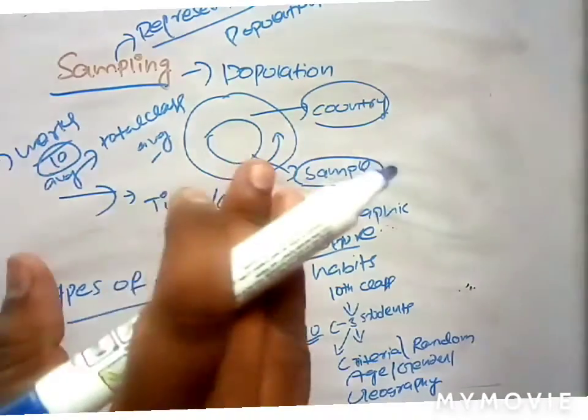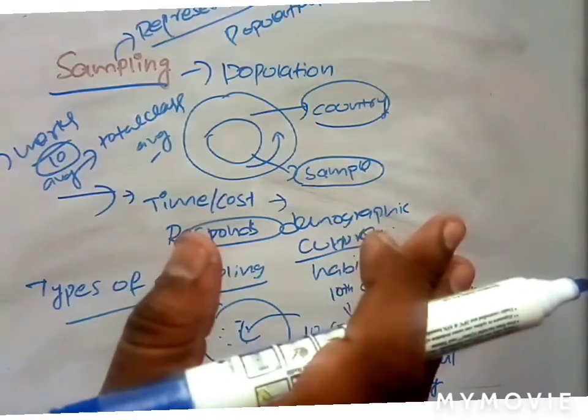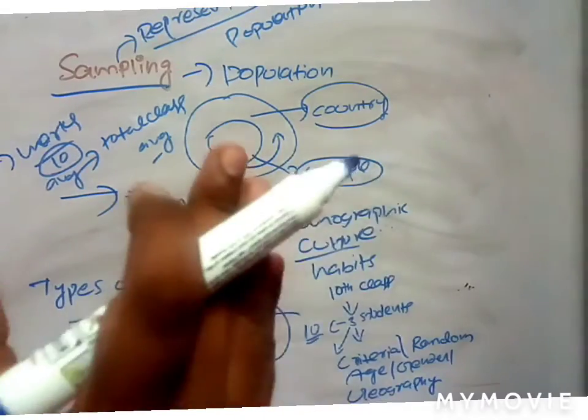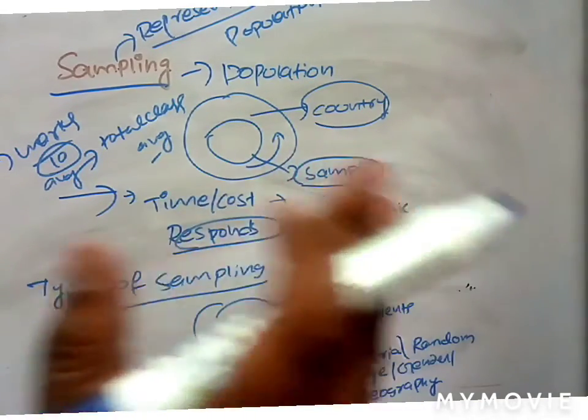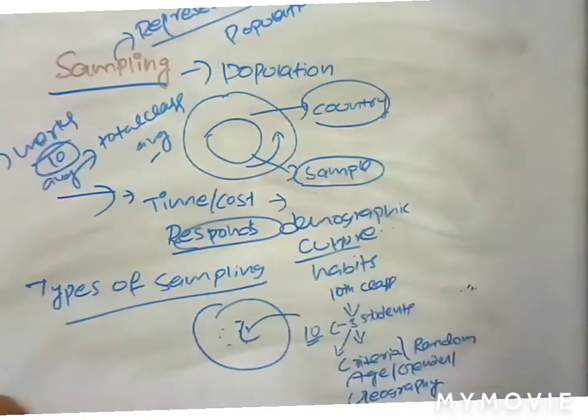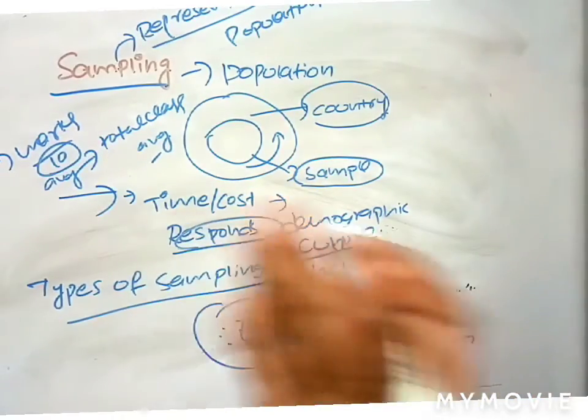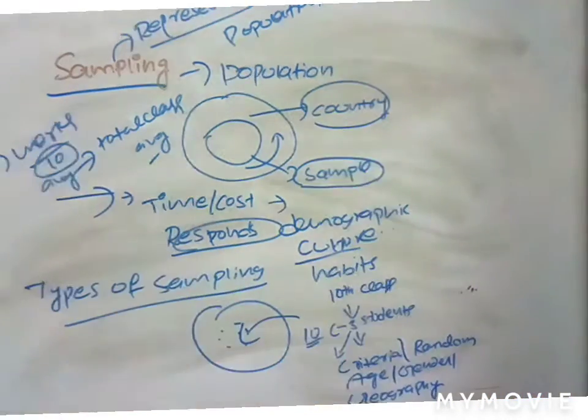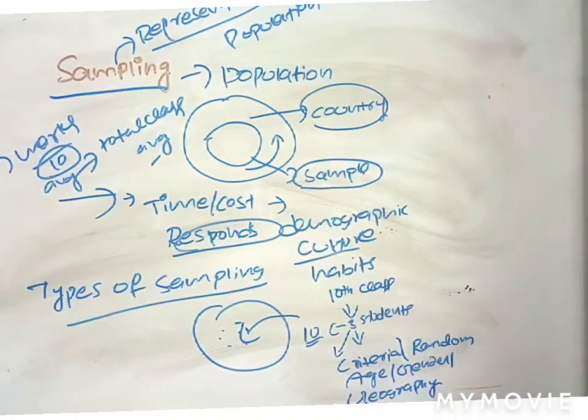Either I should take a random sample, or a convenience sample, or a judgmental sample. That means, what is my criteria? Before discussing all these things informally, there are certain types already mentioned in the methods of sampling, which will give you an easy understanding of how we are going to pick the samples.